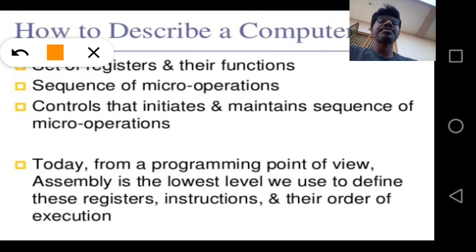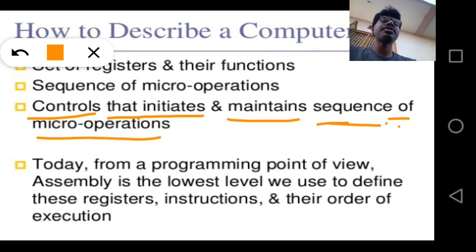Next, controls that initiate and maintain the sequence of micro operations, and how to control the sequence of micro operations to be executed, and how to initiate them. In today's world, from a programming point of view, assembly is the lowest level we use to define those registers, instructions, and their order of execution.